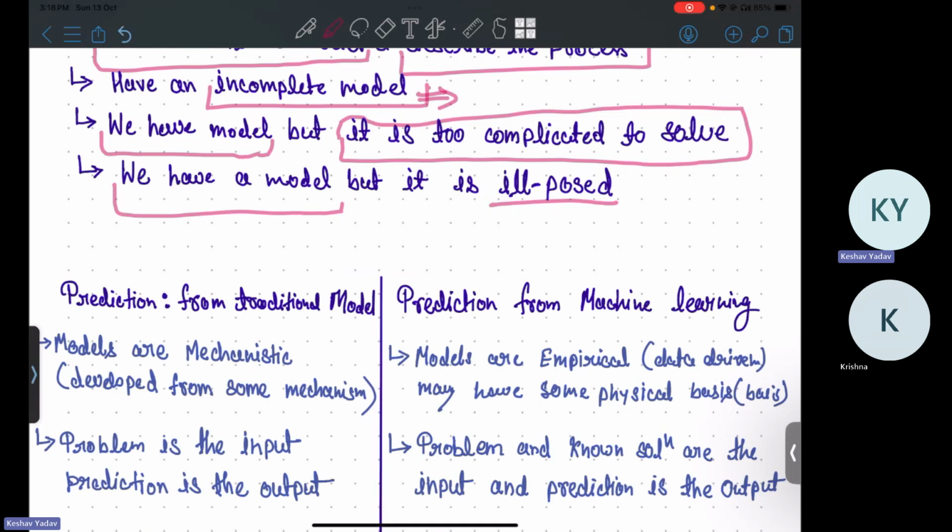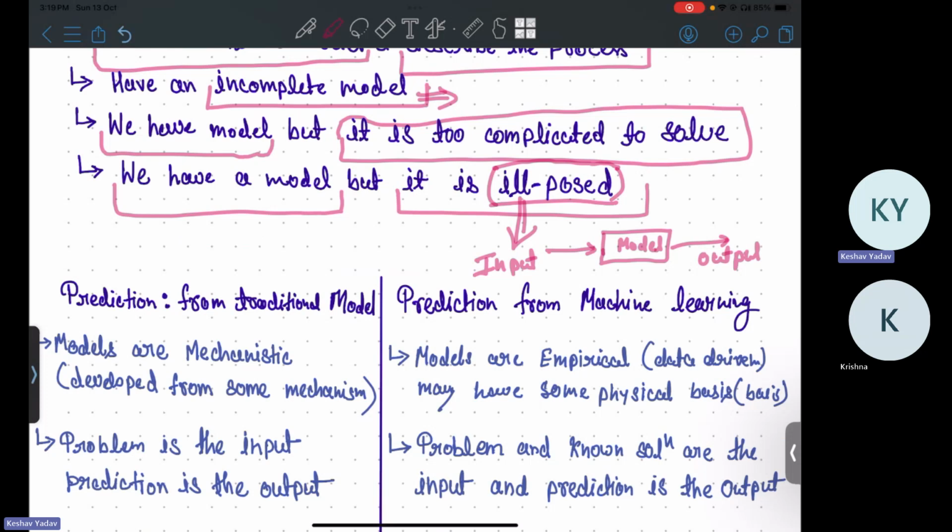Machine learning can also be useful when we have a model, but the model is ill-posed. What do we mean by ill-posed? I think we have discussed this earlier also. Suppose we have some model. This is my model. It has some input and it gives me some output.